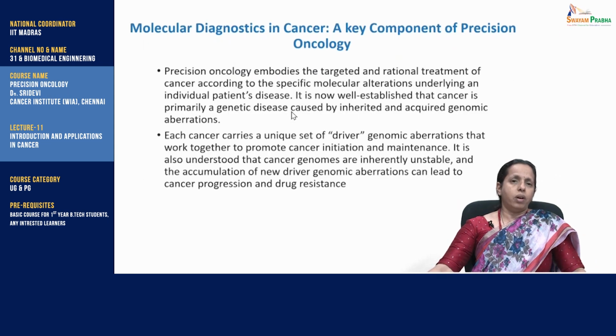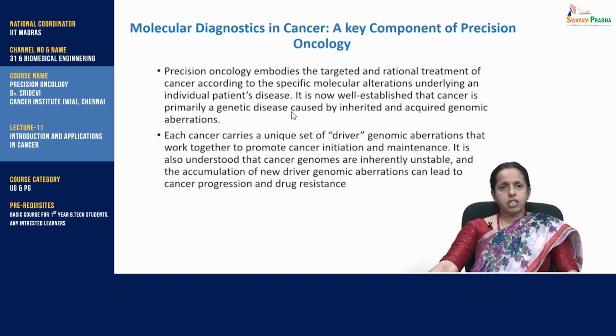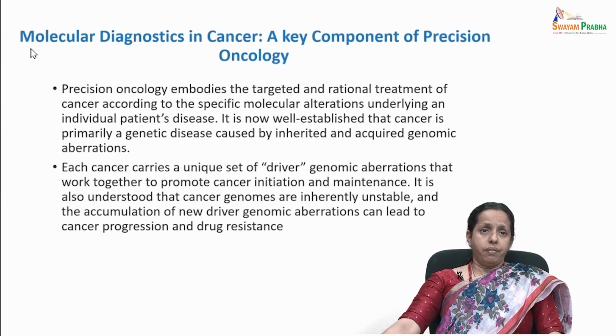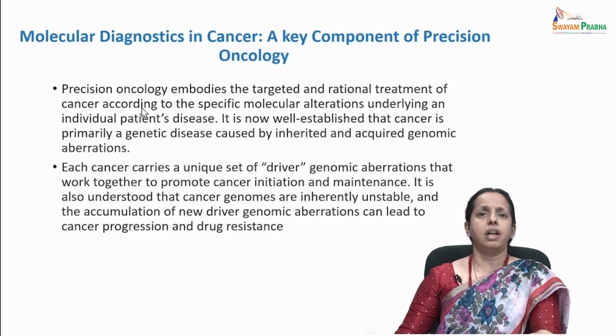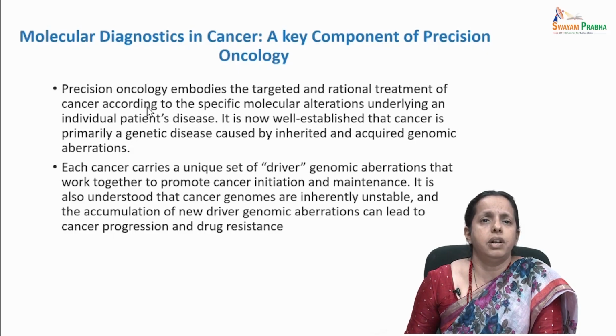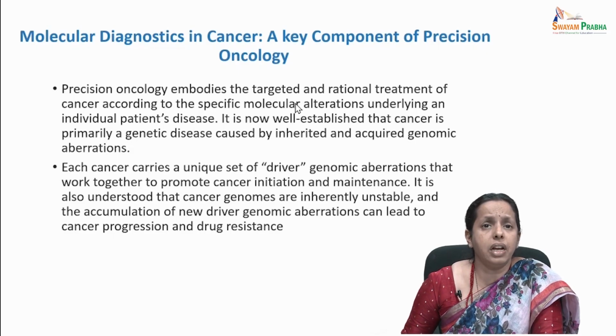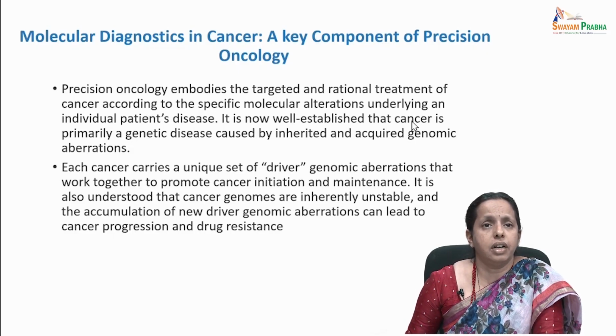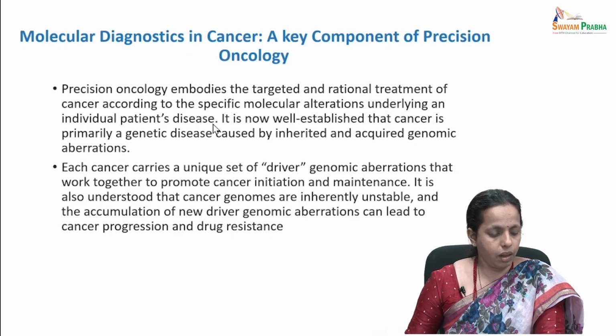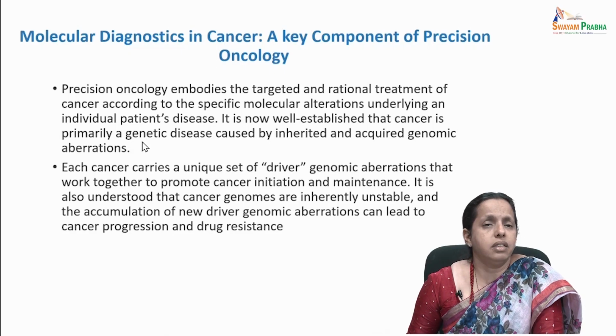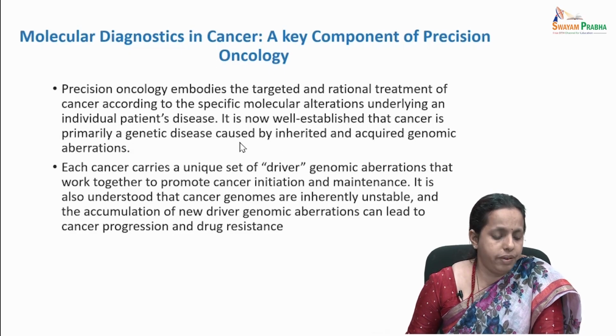One very vital part of precision oncology is molecular diagnostics, a key component that embodies the targeted and rational treatment of cancer according to the specific molecular alterations which underlie the particular patient. As we all know, cancer is a genetic disease, which could be inherited or acquired gene aberrations.